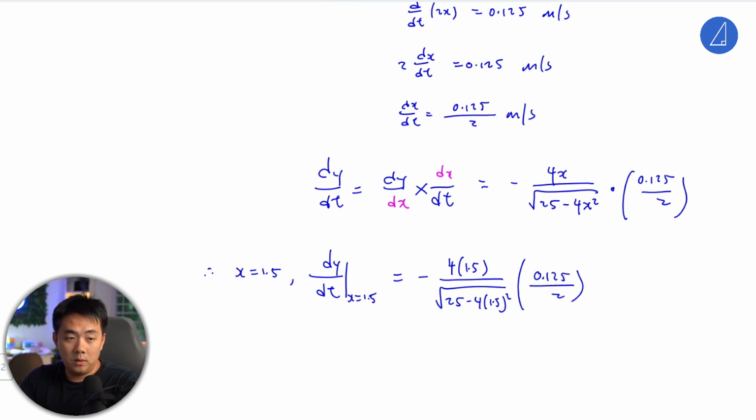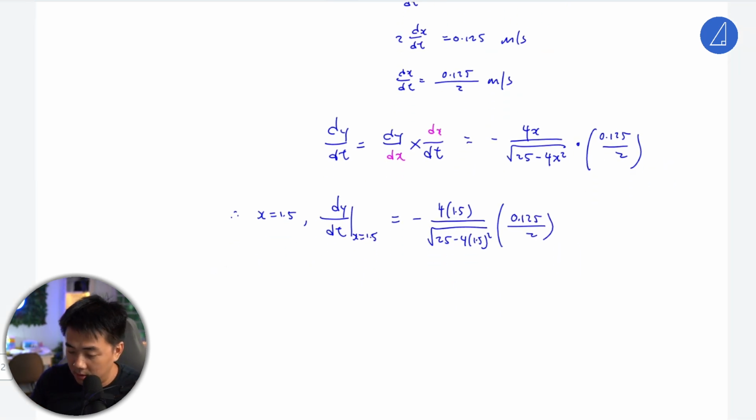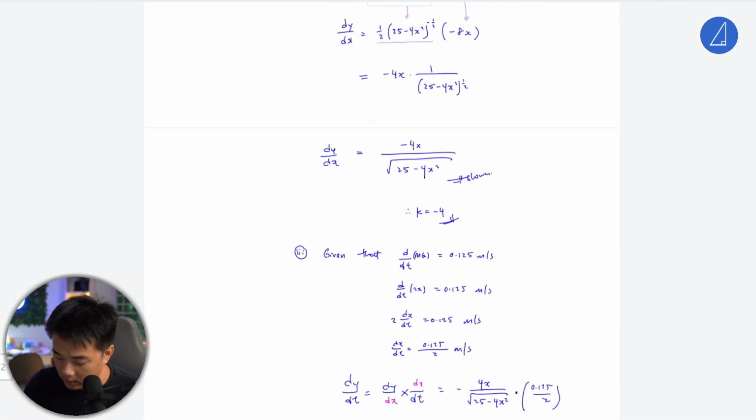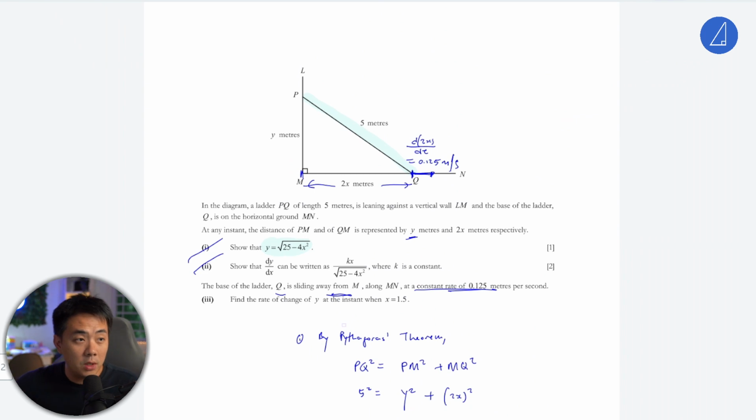Keying in the calculator, this will give us negative 3 over 32 meters per second. So that's how you do this question proficiently.